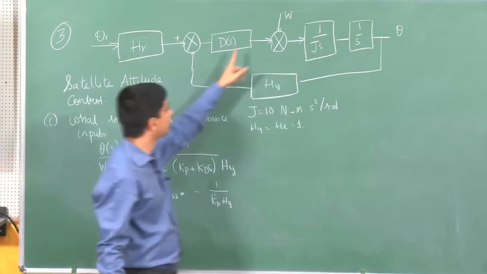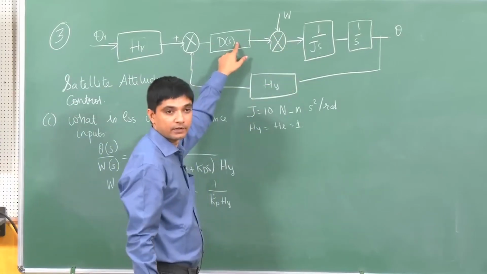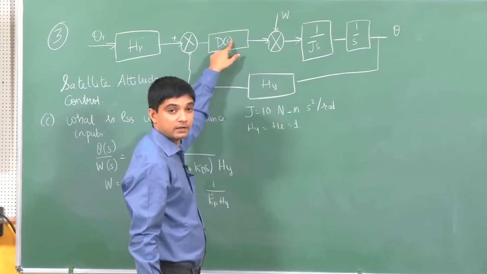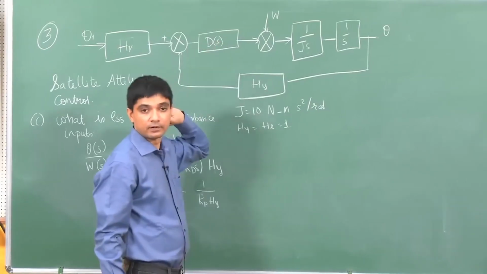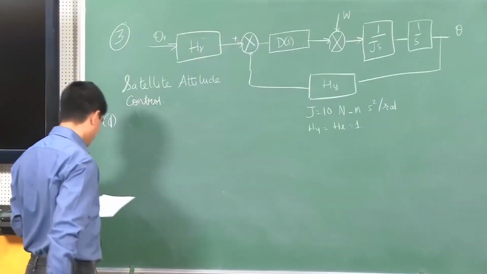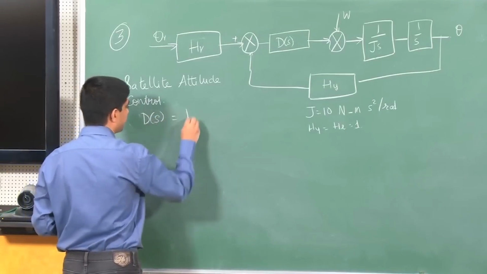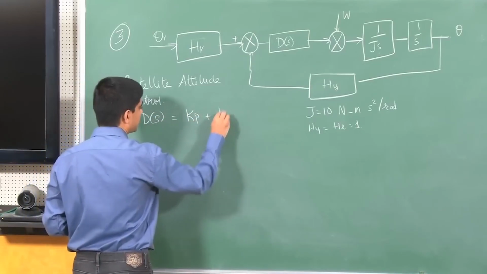But if I were to reduce the effect of disturbances, I may need an integral component here or a pole at the origin for the controller. Okay, so in the next part we will just see what happens when I use a PI kind of controller.